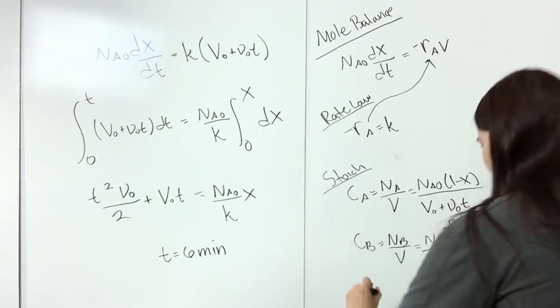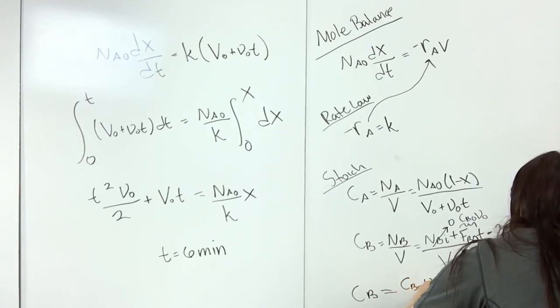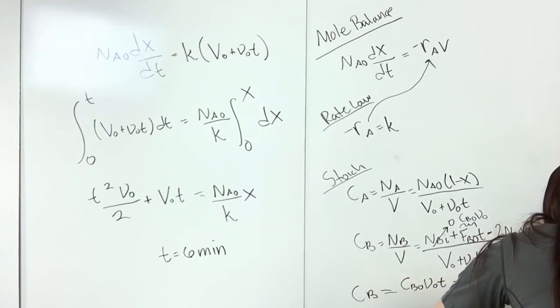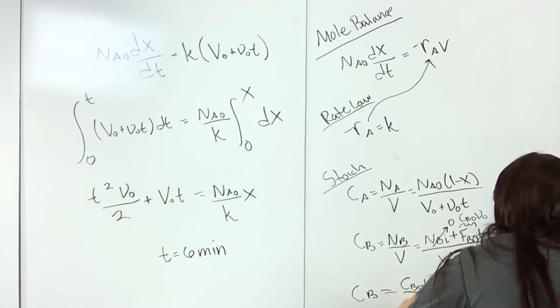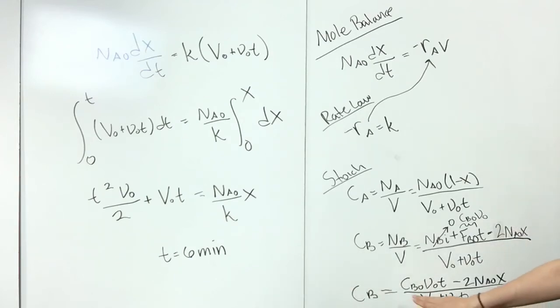So we end up with an equation that looks like CB equal to CB naught V naught t minus 2 Na naught X over V naught plus V naught t. We know what CB naught is, the volumetric flow rate, the time, Na naught, X, and the initial volume and volumetric flow rate. Plugging all that in, we get 0.58 moles per liter.